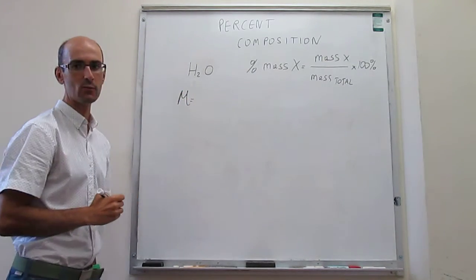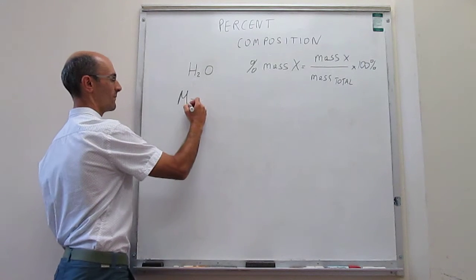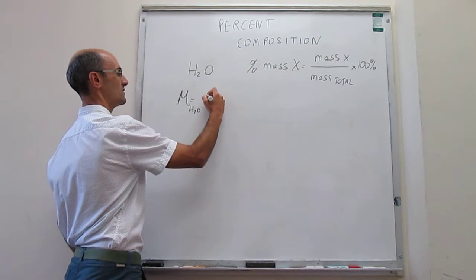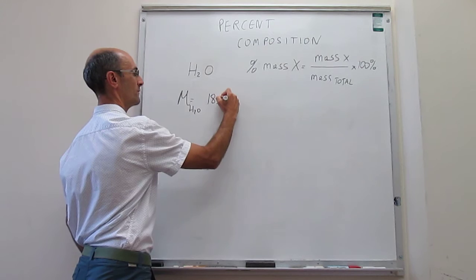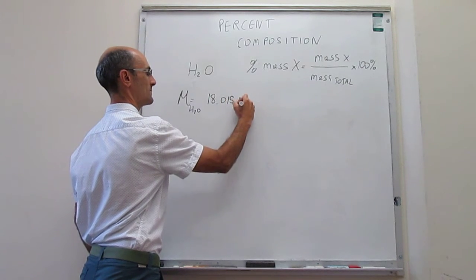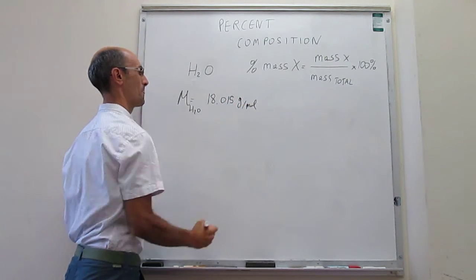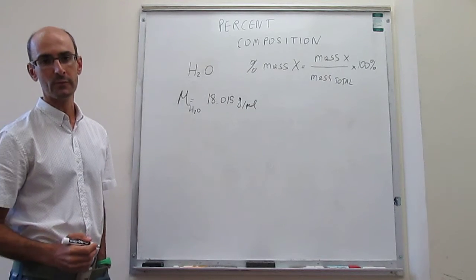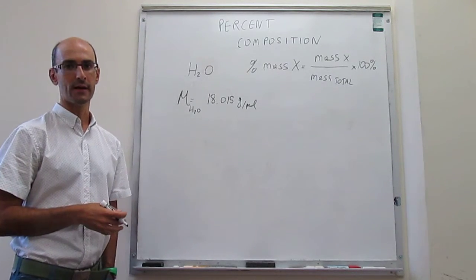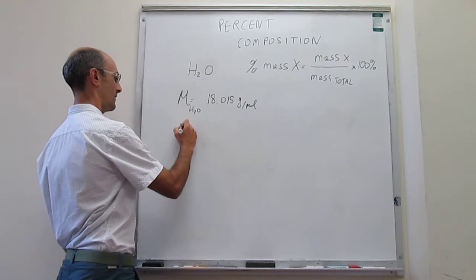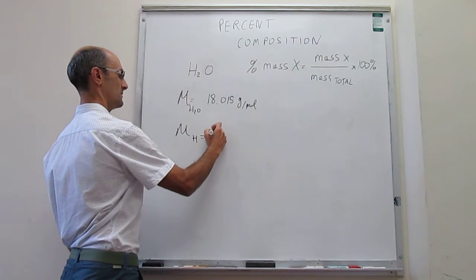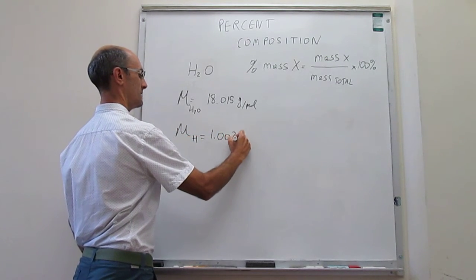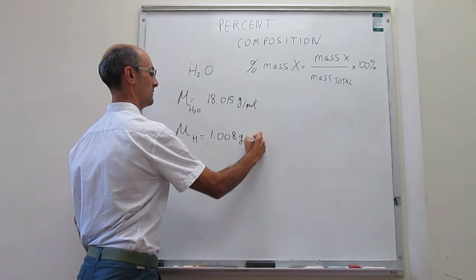We go to the periodic table, calculate that mass, and this molar mass of water happens to be 18.015 grams per mole. Now we can go to the periodic table again and look for the molar masses of hydrogen and oxygen, and we have that for hydrogen, this is equal to 1.008 grams per mole.